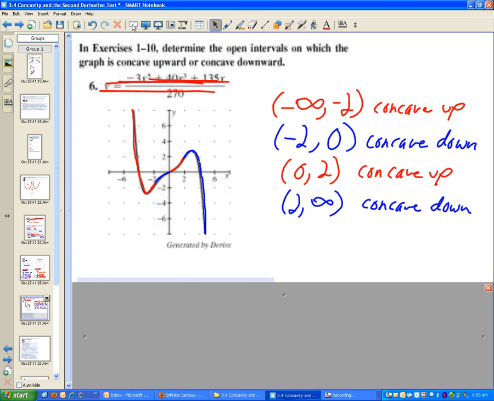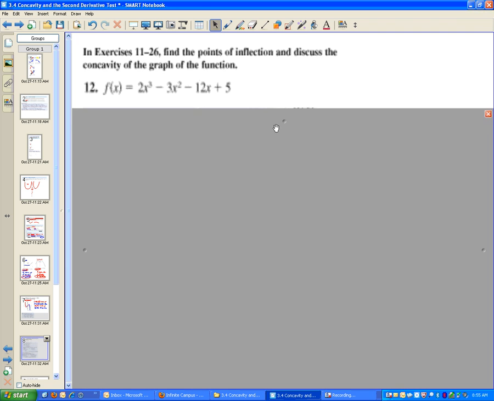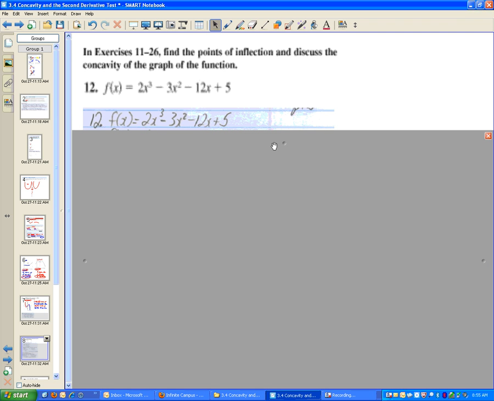All right. Number 12. Find the points of inflection and discuss the concavity of the graph of the function. All right, so this looks more like a math problem here. Points of inflection.